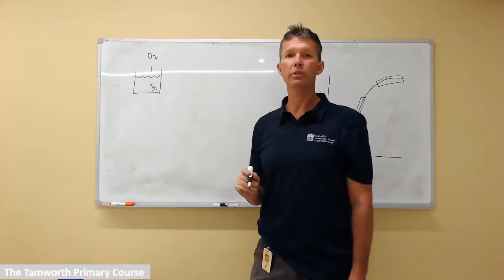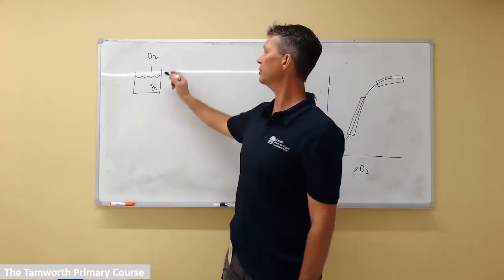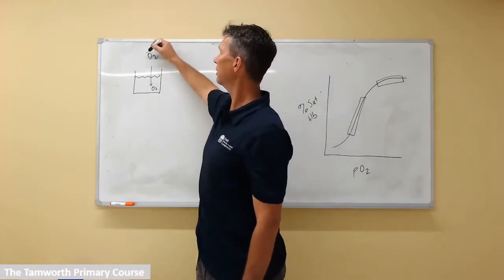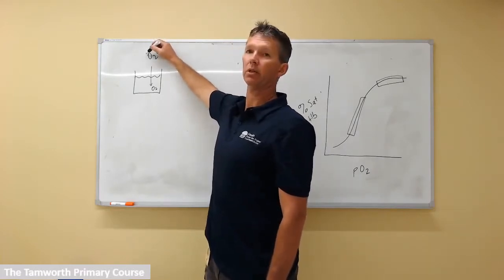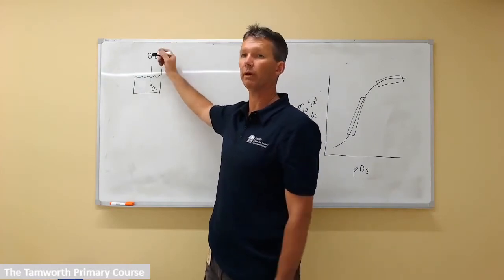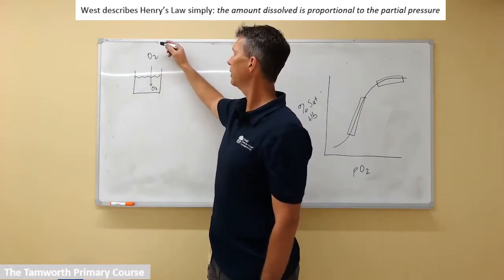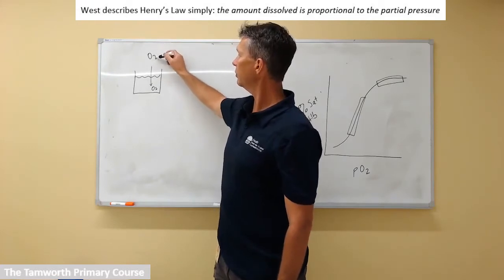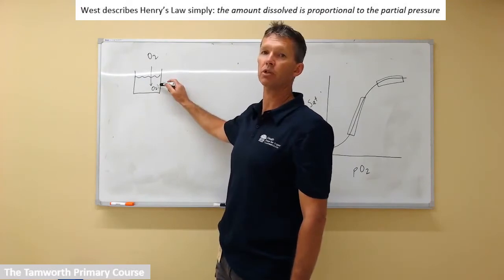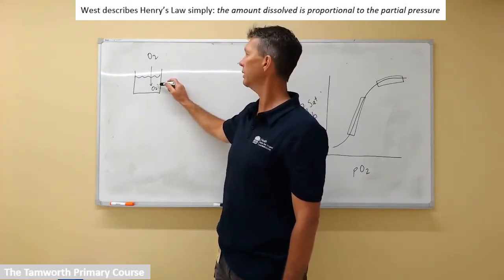And it will diffuse into the liquid at a rate that is proportional to the partial pressure in the air, i.e. 21% of 760 millimetres of mercury if we talk about usual air. And it will diffuse and equilibrate to have the same partial pressure in the liquid as it does in the air.